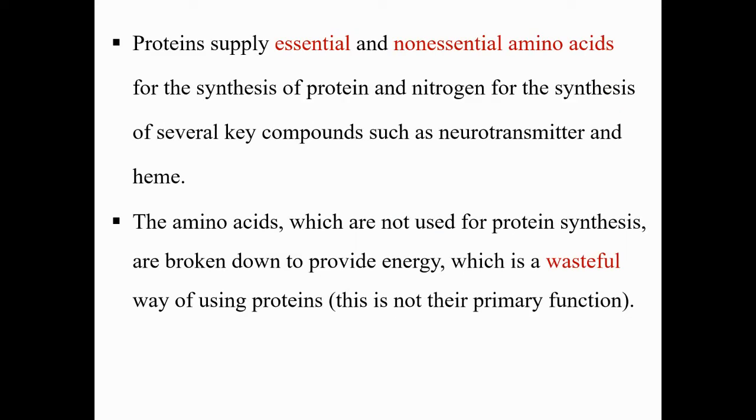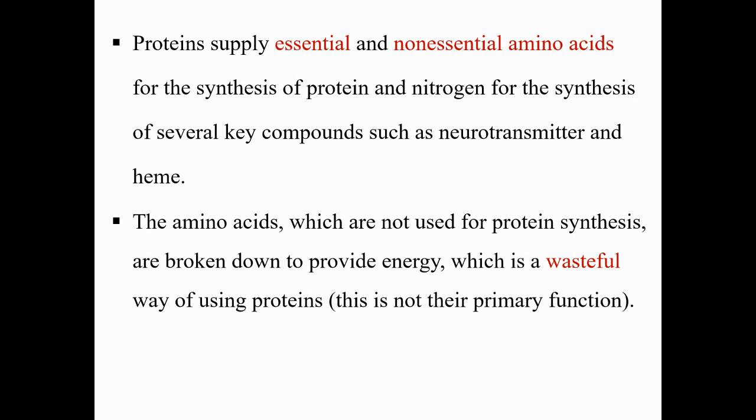Protein supplies two types of amino acids: essential amino acids and non-essential amino acids. Essential amino acids have to be supplied through diet. Non-essential amino acids are amino acids which will be synthesized in the body itself.